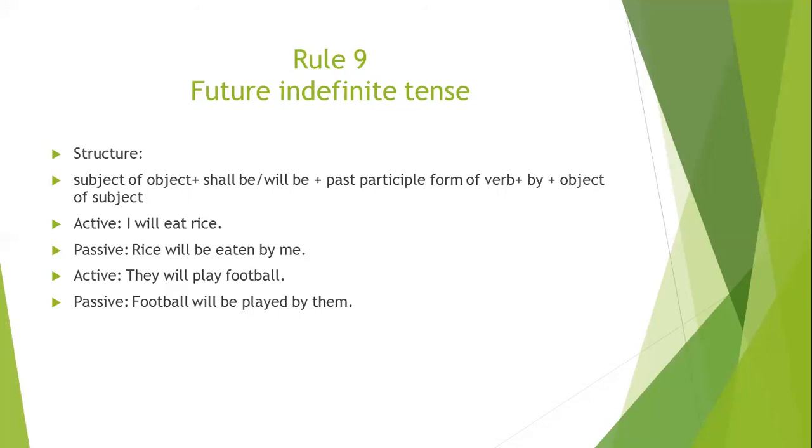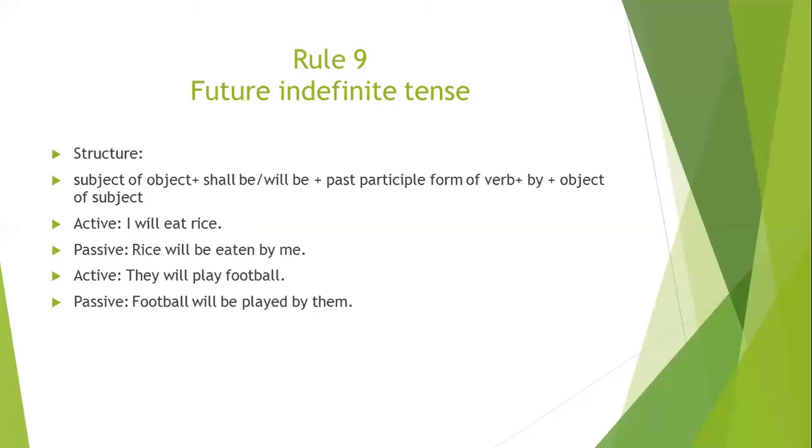Dear cadets, remember one thing. You have already known that for the modal auxiliary verb, after it, there will always come the base form of the verb. So, after will, is it possible to bring eaten here? Never.